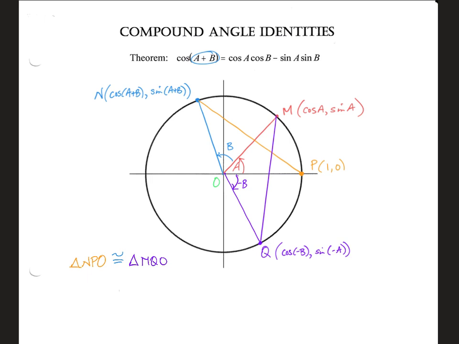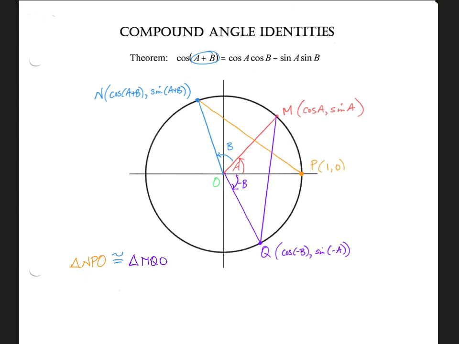I'm hoping you recognize that blue symbol, although you probably haven't seen it in a while. That's our statement for congruent. We should be able to see that triangle NPO and triangle MQO are congruent, which means they are the exact same triangle. Same angles, same side lengths.